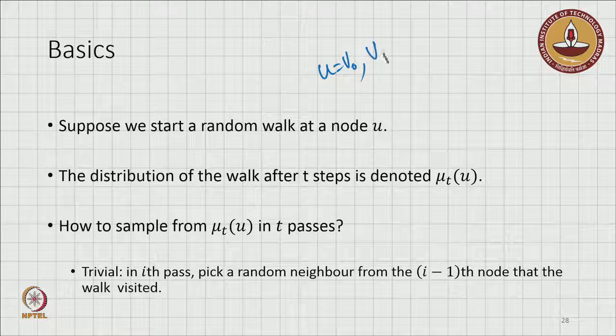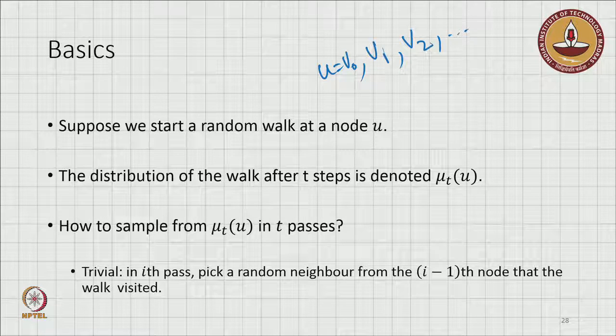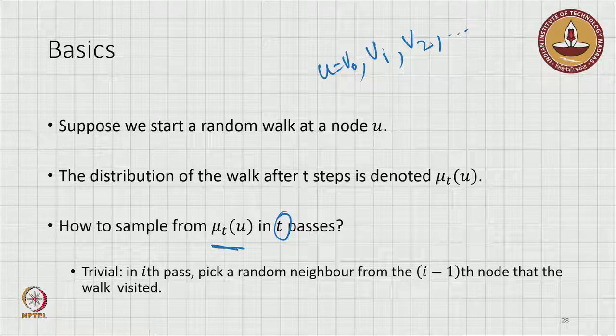Let's say u is the 0th element, v0, and after the first pass we've gone to v1. Now in the second pass, you look at all the neighbors of v1 and simply choose one of them uniformly at random. You get to the second location in the random walk sequence, v2, and so on. So you can do that for t steps, and you will get a sample from mu_t(u). This is pretty trivial, but it's wasteful, and we want to do better.